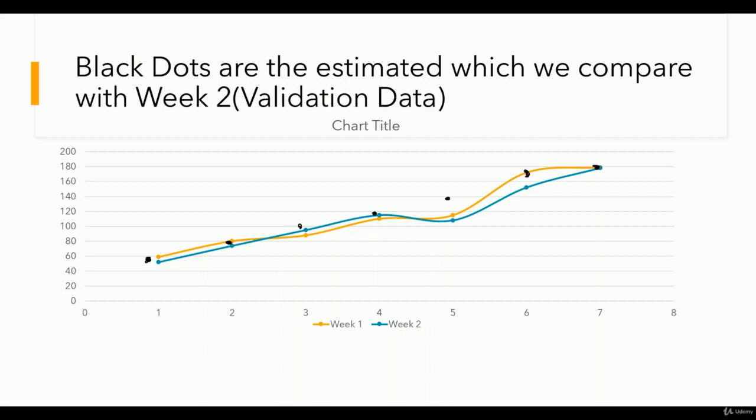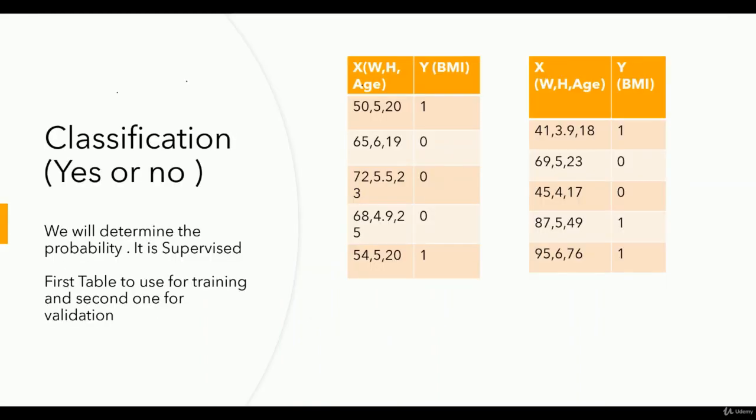We're going to see in the demo how regression will work. The second model is the classification model, which is based on probability. Here we will determine the probability. This model is supervised.